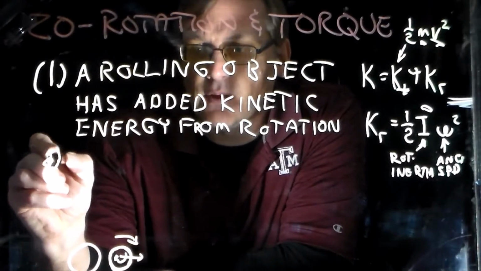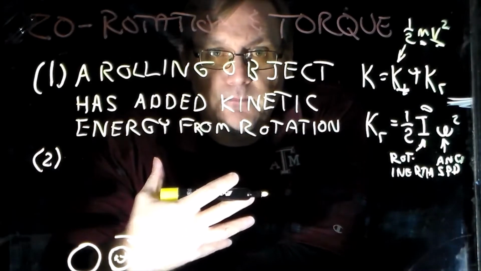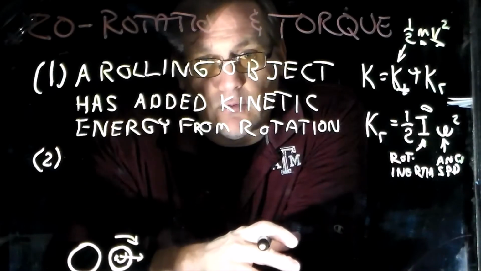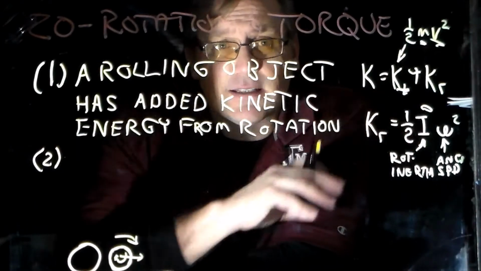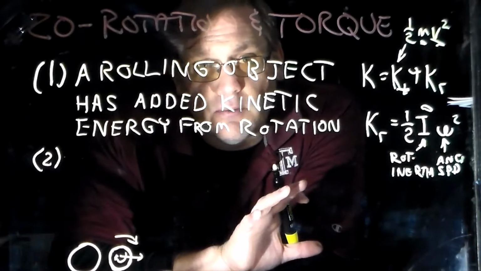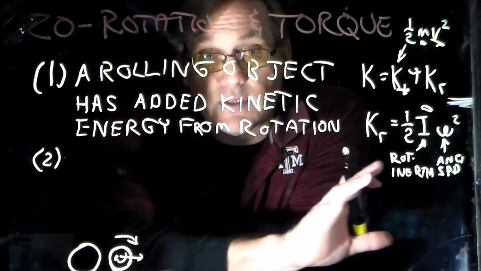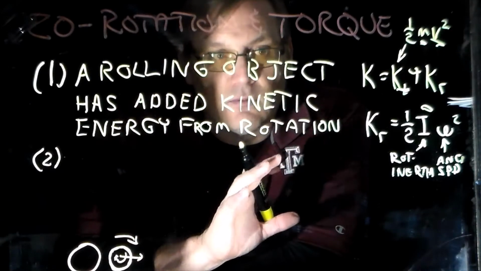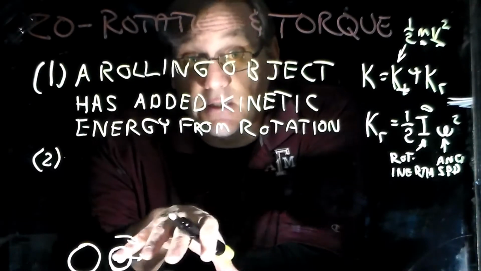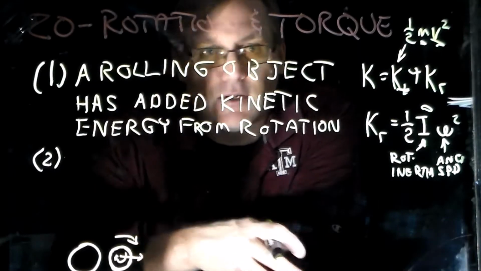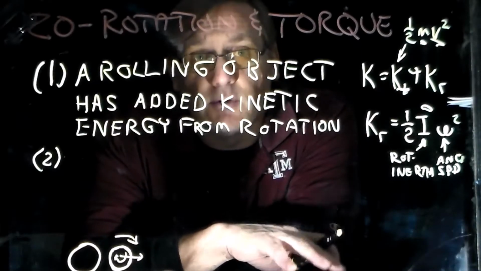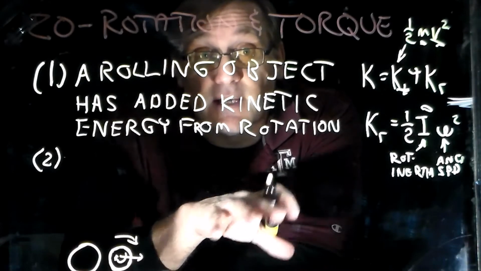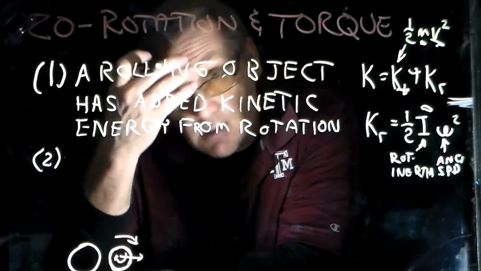Rotational inertia is your resistance to increasing your rotational speed, just the way your mass is your resistance to being pushed, to increasing or reducing your regular speed. Your mass resists acceleration, and the same thing goes for rotational inertia: it's your resistance to being set to spin or to stop spinning, either way.